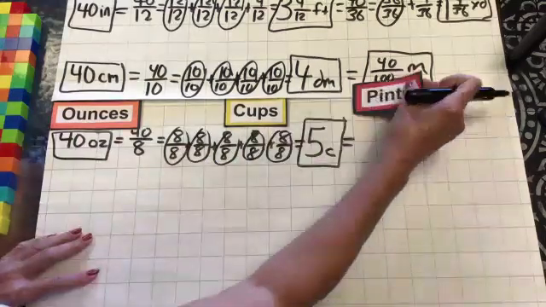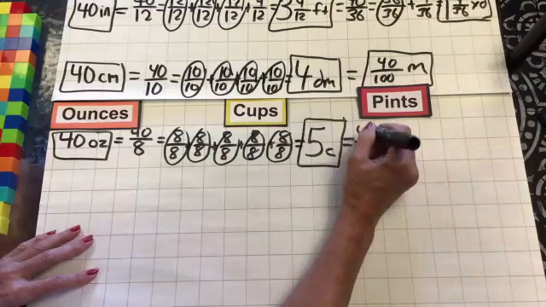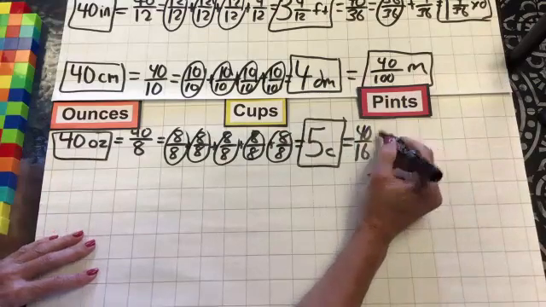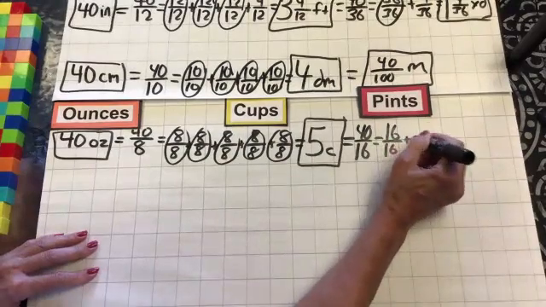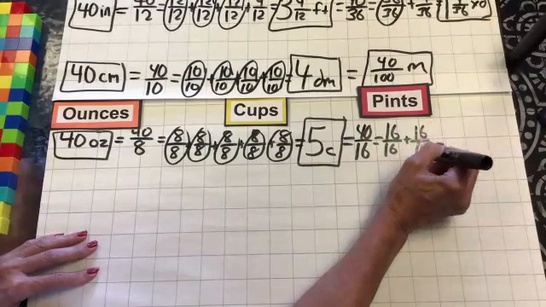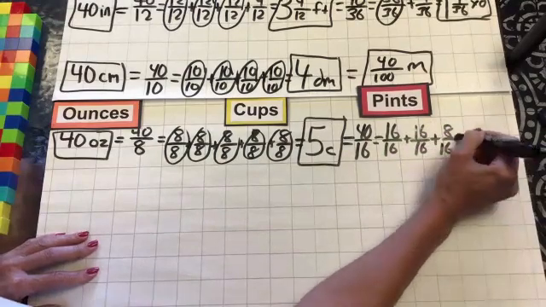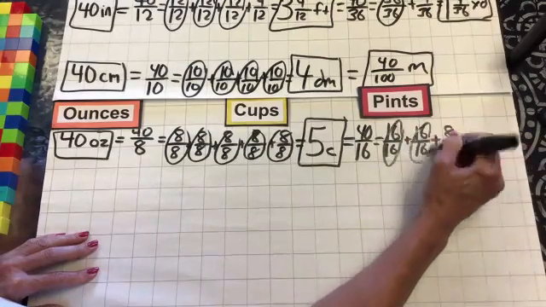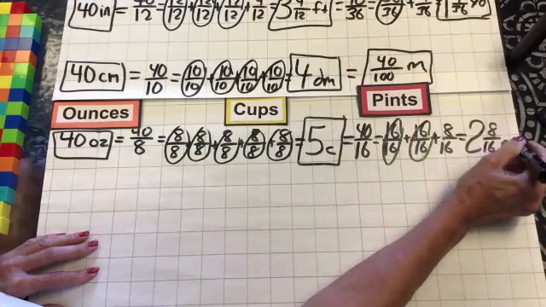And we're going to go into pints here. And we know it takes 16 to make a pint. We've got 40, which is an improper fraction. We're going to break that apart. So 16 over 16 plus 16 over 16 plus 8 over 16. So we have 1, 2 whole and 8/16 pints.